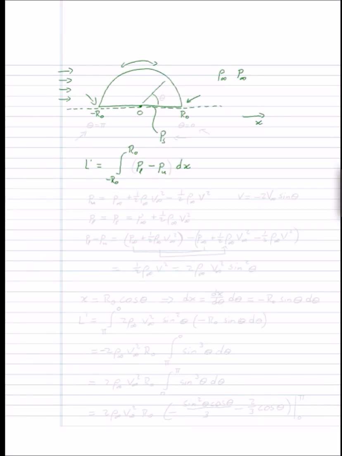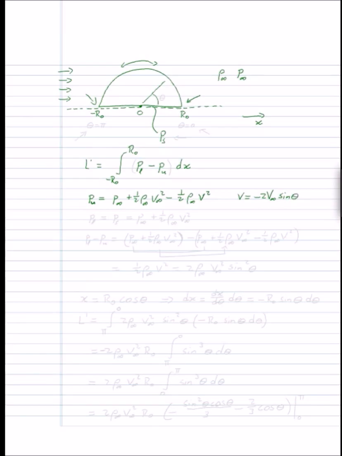Okay, so we know from Bernoulli's equation that my pressure PU on the upper side must be equal to p infinity plus a half rho infinity v infinity squared minus a half rho infinity v squared. And we know for a cylinder that v is actually minus 2 v infinity sine of theta.